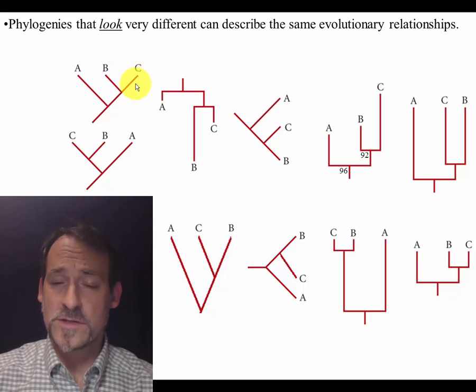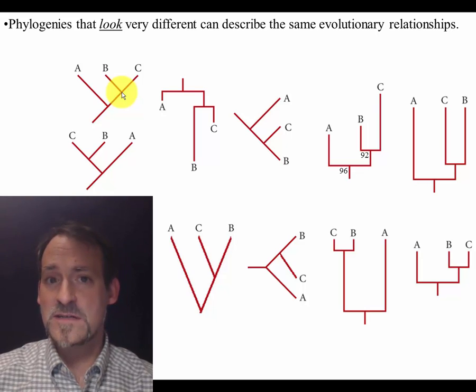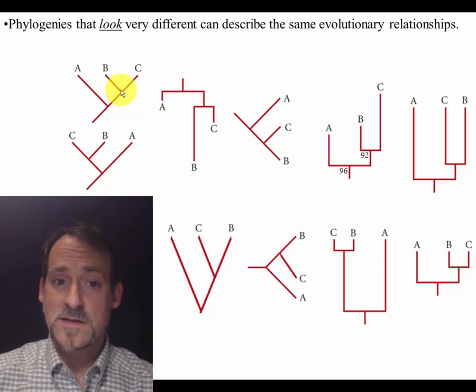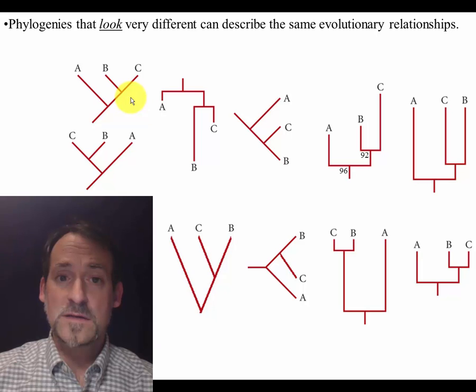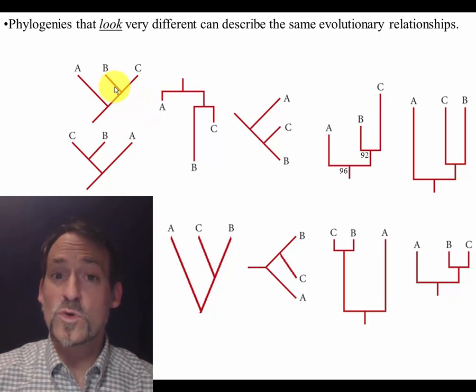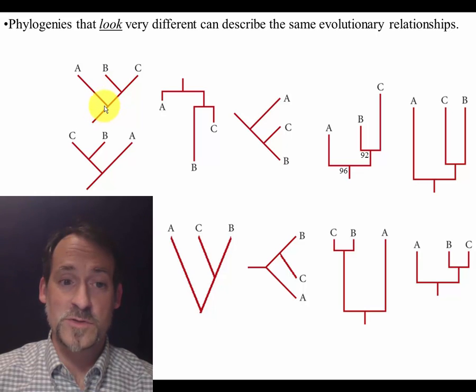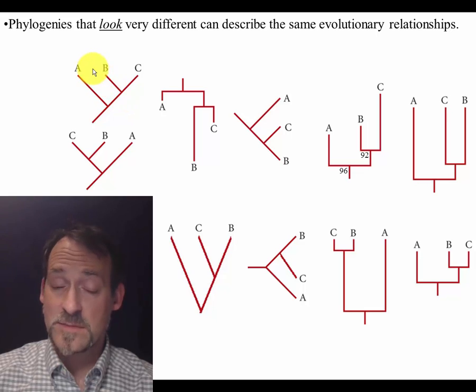So for example, on this tree, you see that if you go back in time, here's the common ancestor of B and C. That's more recent than the common ancestor between A and the other two species. So the common ancestor between B and C is more recent than the common ancestor between A and C, or between A and B. They're the same thing.